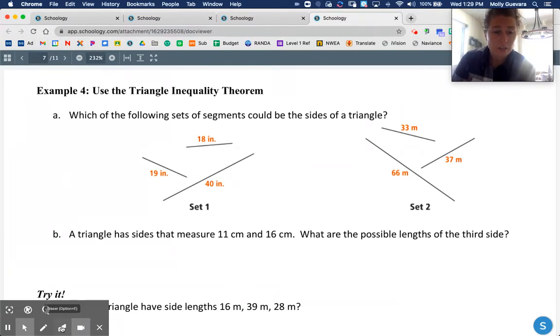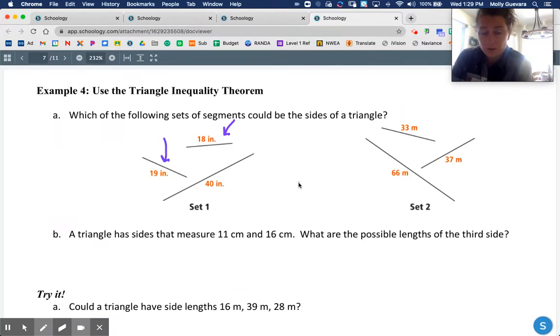So here on A, it says which of the following sets of segments could be the sides of a triangle. So I'm going to notice I'm given three sides. I'm just going to pick two of them. Doesn't matter. I'm going to pick these two. But I could have picked any two, okay? As long as it's one of these three. And I'm going to find the sum, which means I'm adding them.